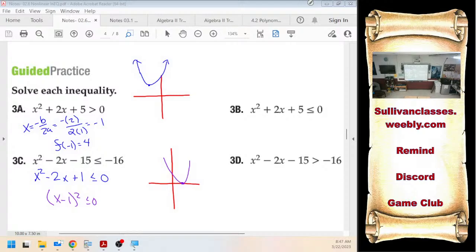If it's above the axis and a positive parabola, that means it's headed away from the axis. It's never going to touch the x-axis. And if it never touches the x-axis, that means there are no real zeros. So it's just, again, a different set of tools for the problem.